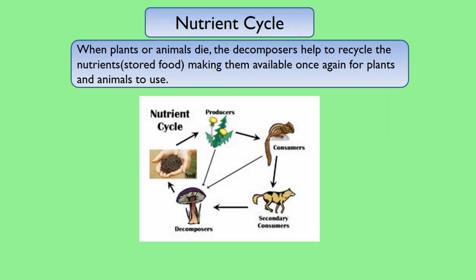And that is pretty much what the nutrient cycle is. So the transfer of nutrients along the food chain, broken down by the decomposers when plants and animals die, and then those nutrients are taken up again by plants for the cycle to begin again.